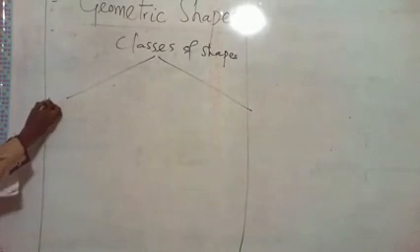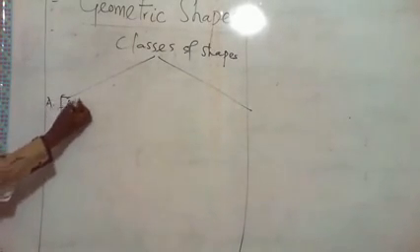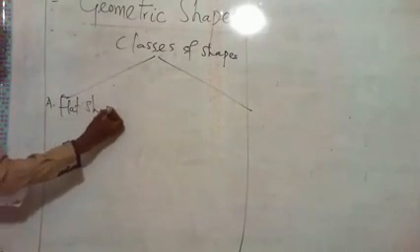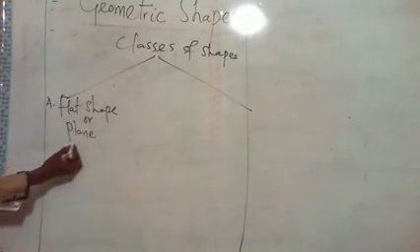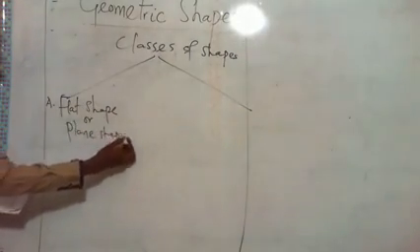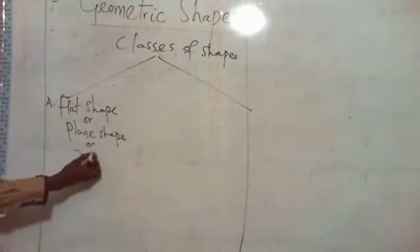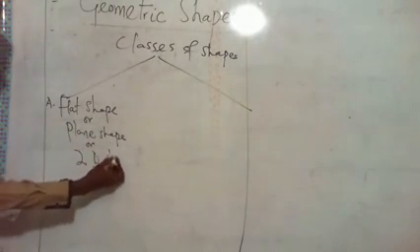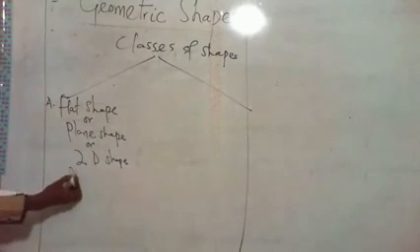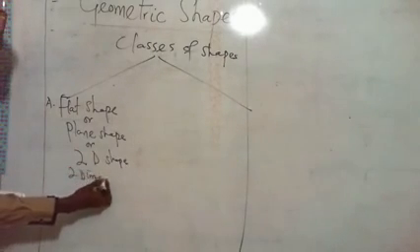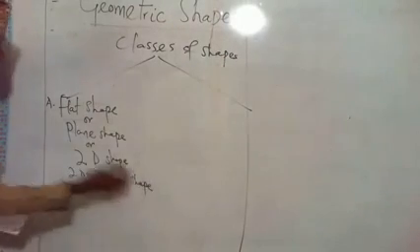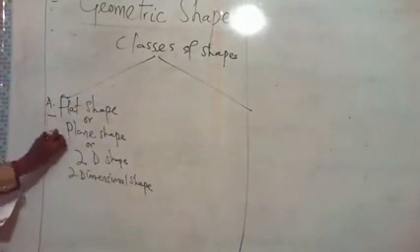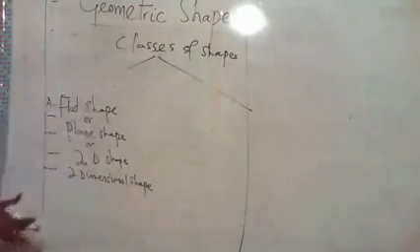We have the flat shape, or plane shape, or you call it 2D shape. You may even call it two-dimensional shape. So look at this. 1, 2, 3, 4. The same thing.